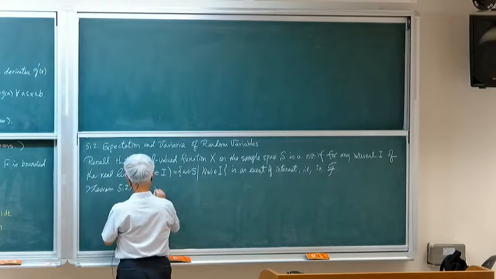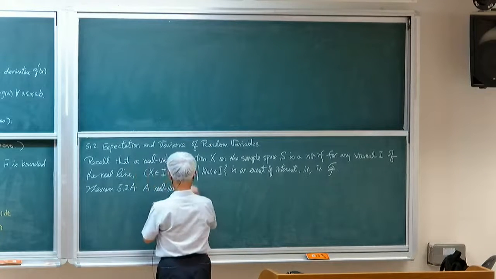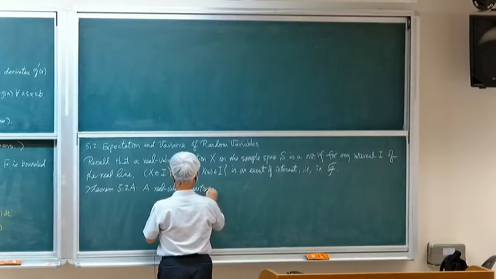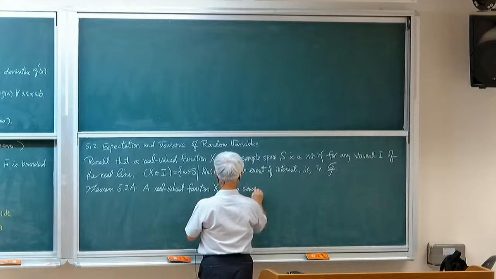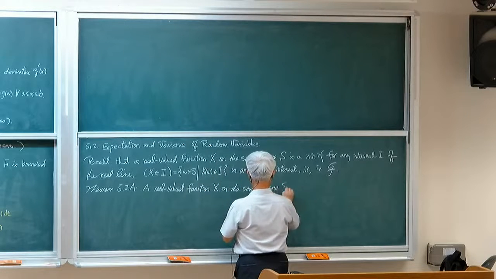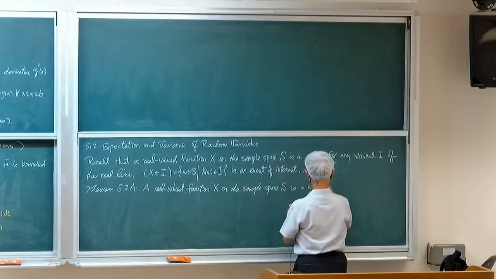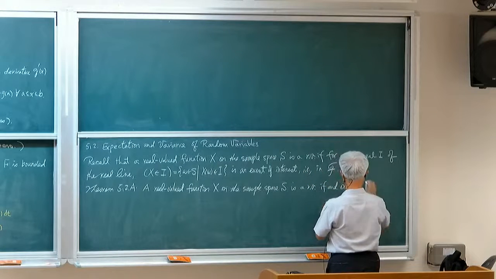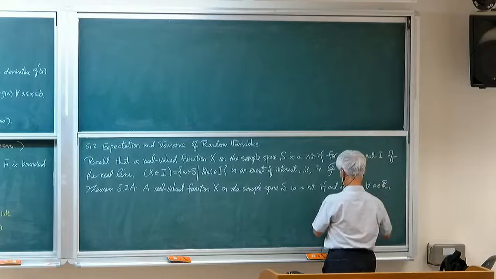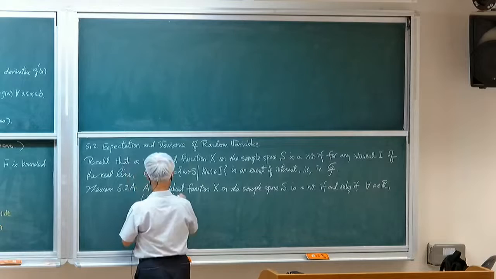A real valued function X on the sample space is a random variable if and only if for all a in the real line, X greater than little a is an event.